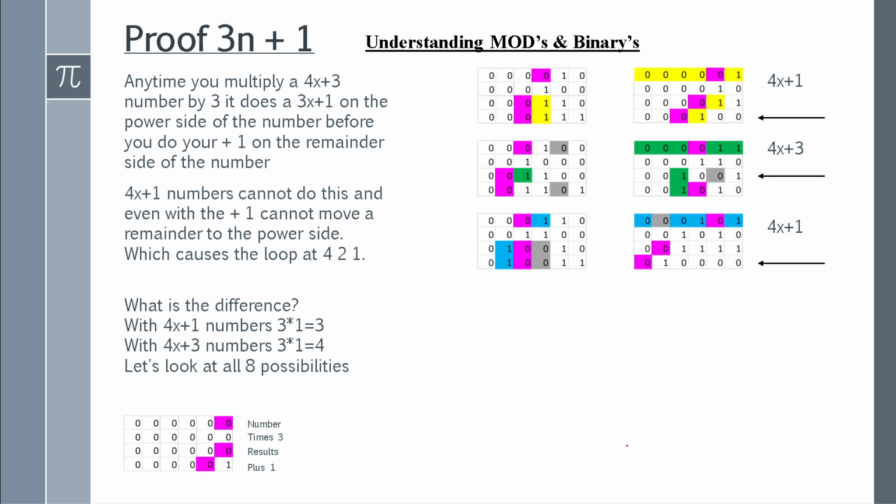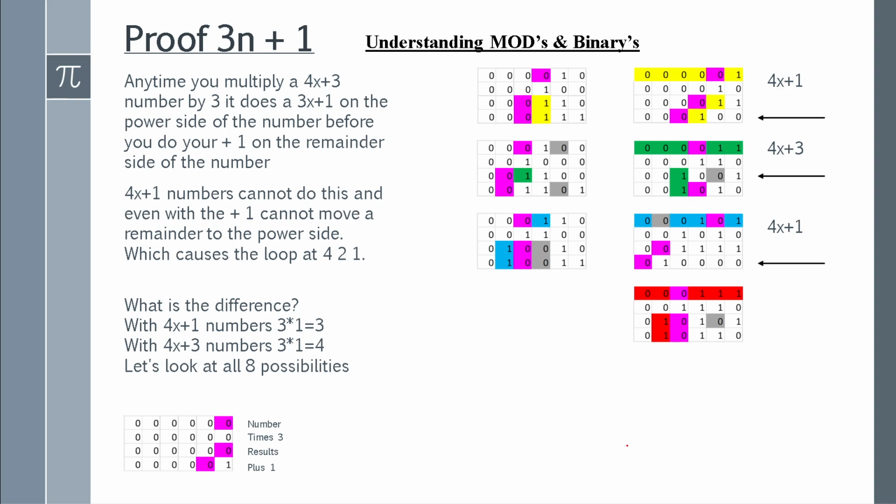The power slot is in 4, and after we multiply by 3 and add 1, we're still in the same power slot of 4, but we've multiplied our power side by 3 and added 1.